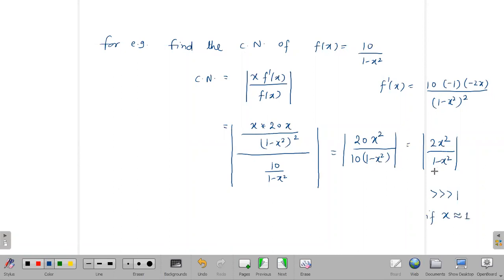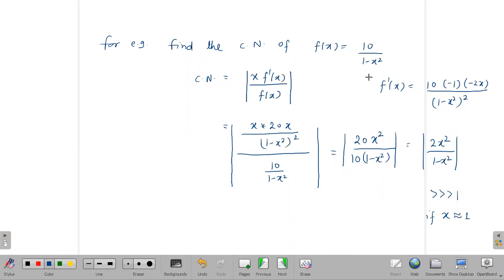If I take 1 or minus 1, it will be infinite, so the condition number will be very large. So the problem will be ill conditioned if x is near about 1. Actually, the function is not defined at this value.